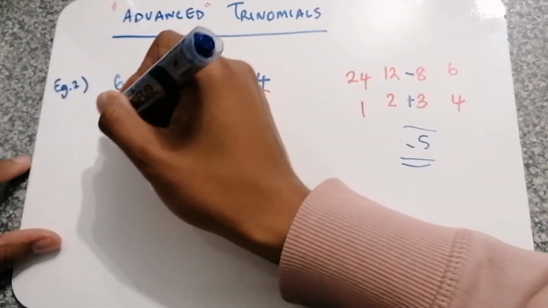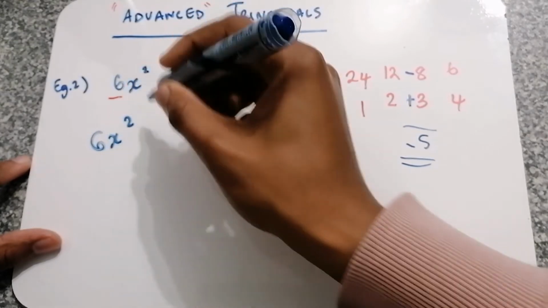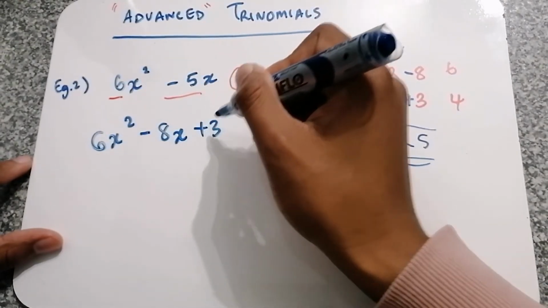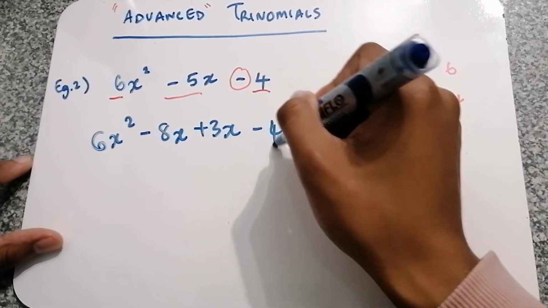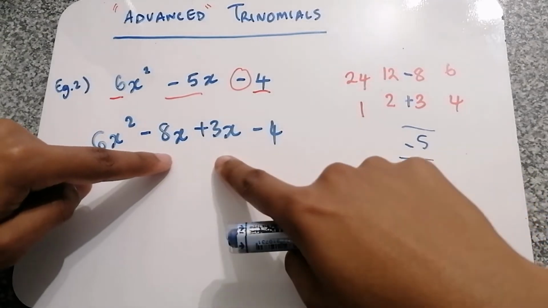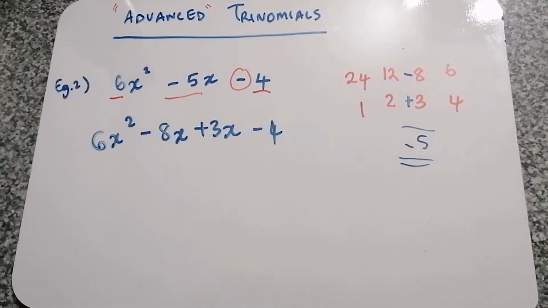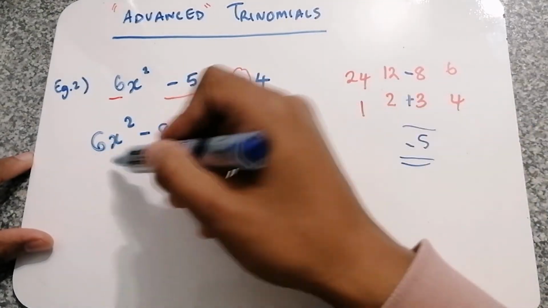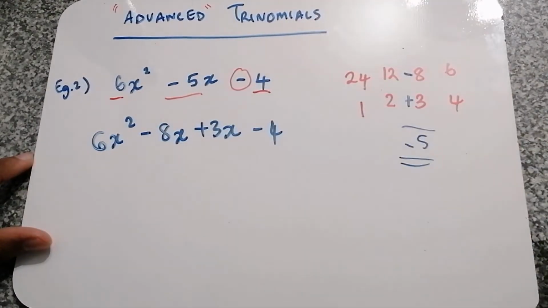So, here I now write 6x squared minus 8x plus 3x minus 4. So it's the negative 5x that I'm breaking up into negative 8x and plus 3x. Now I just pair them up. So I'll start with the first two terms. Let's take out the common factor.